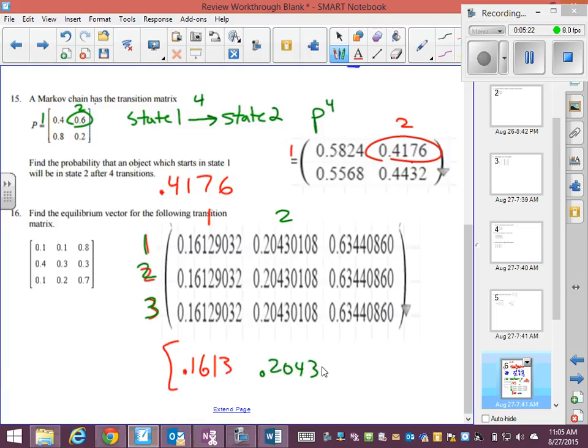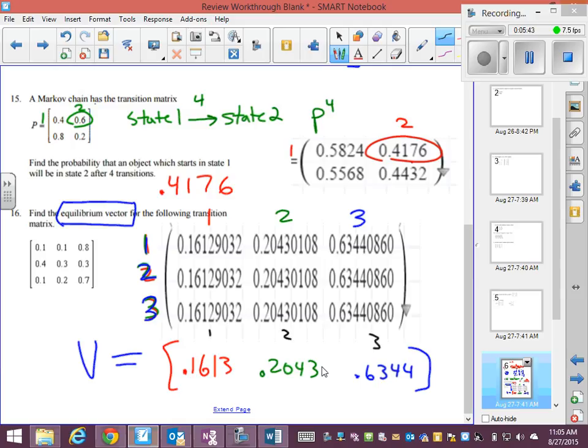And whether you start in state 1, 2, or 3, the probability of ending in 3 is 0.6344. And so I like to display the result as a vector. A lot of times that's called the equilibrium vector right there. And that vector shows the probability of ending up in state 1, 2, or 3.